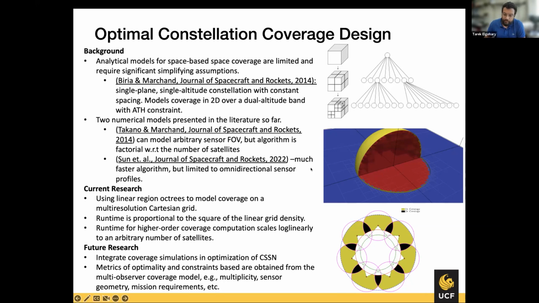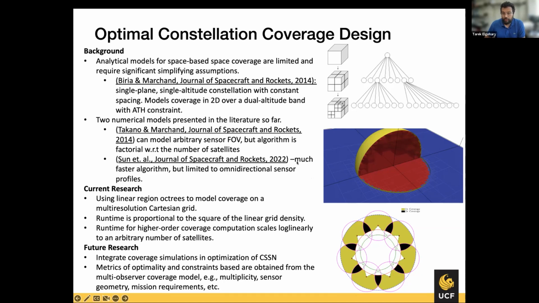We're using a computer science concept of octrees, essentially going down the tree to define the fidelity of looking at these areas or volumes. We started this work this year, and we're still developing these concepts.